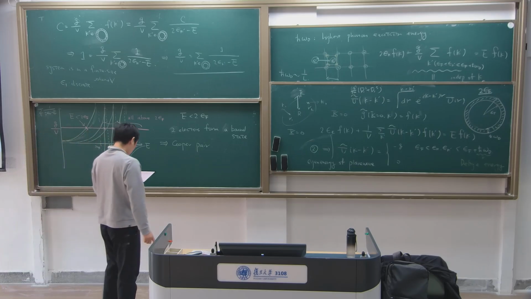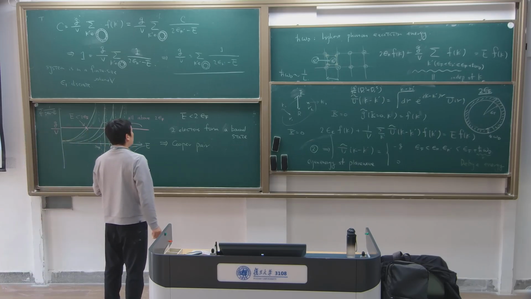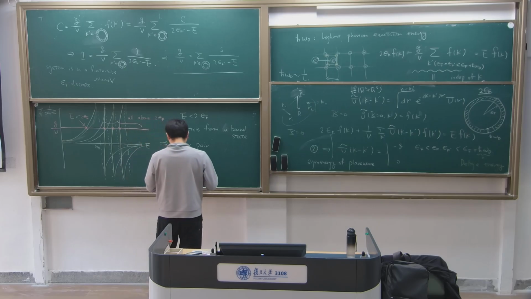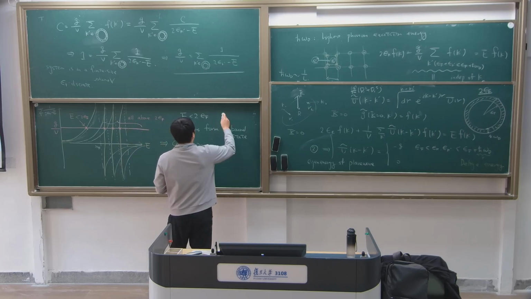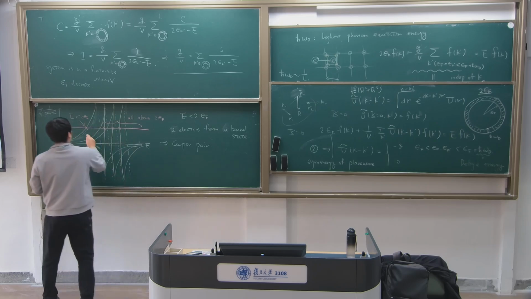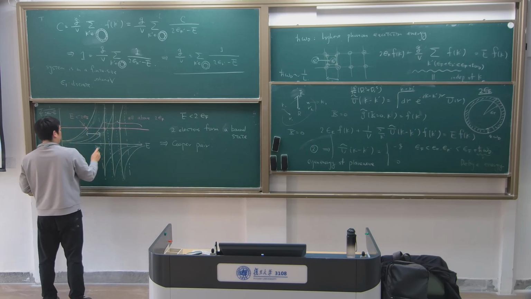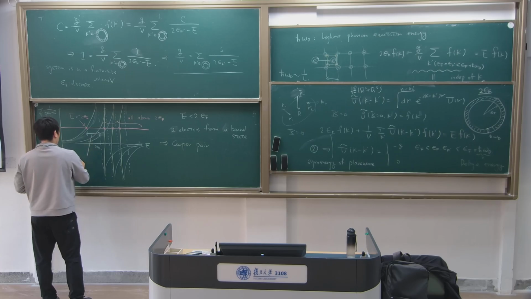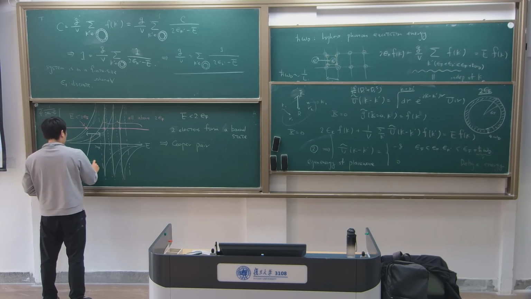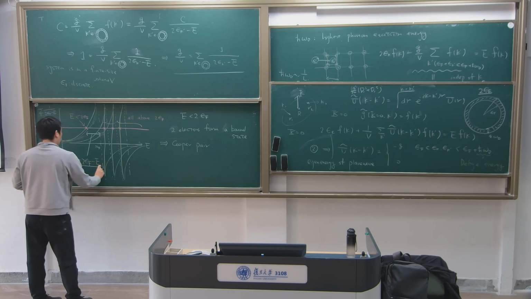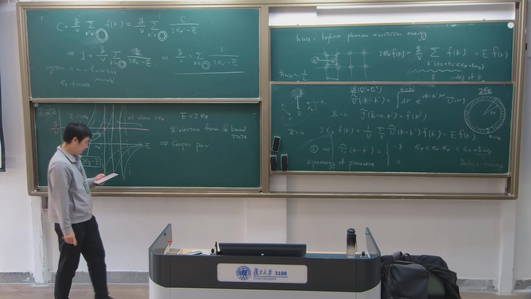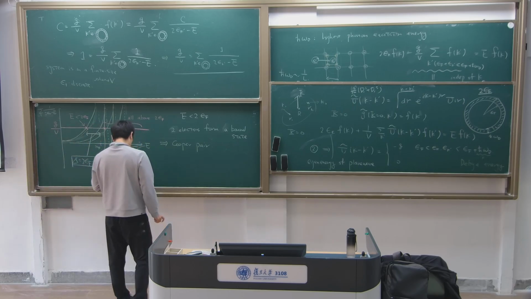And we will see what's going to happen. We're interested in the difference, which is delta, the Fermi energy minus E. So let's compute this one.